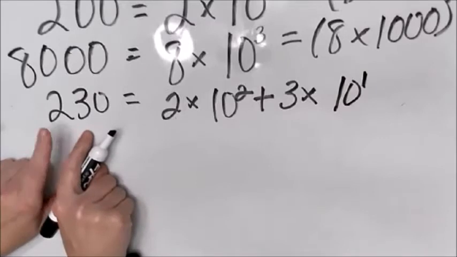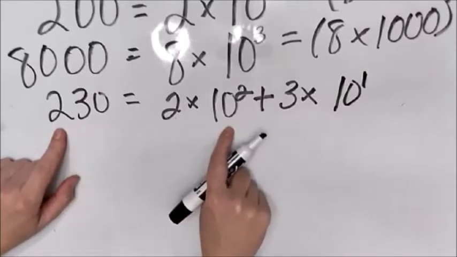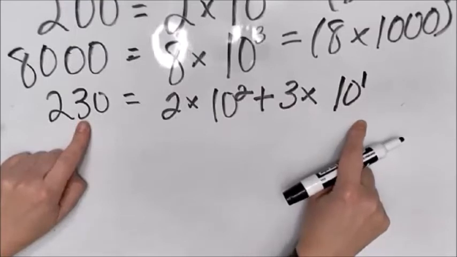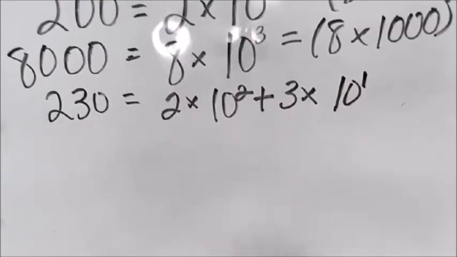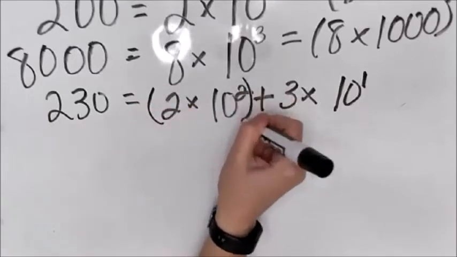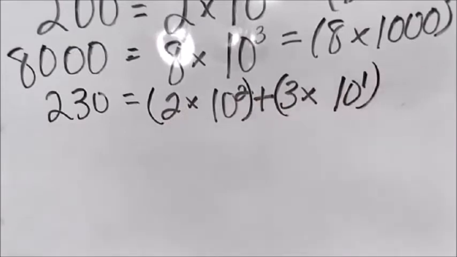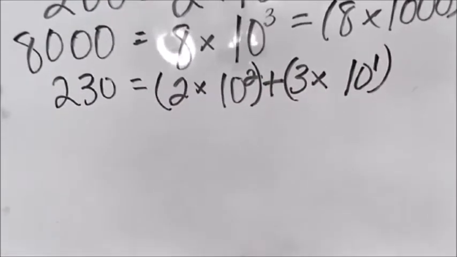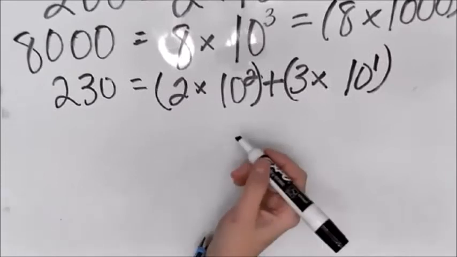So the way we solve this is 2 times 10 to the second power plus 3 times 10 to the first power. Wouldn't we put these in parentheses? We don't need to because order of operations says we multiply first, but we could. We could put those there. You don't need them with this powers notation. Well, yes, you do. Yes, thank you for reminding me.